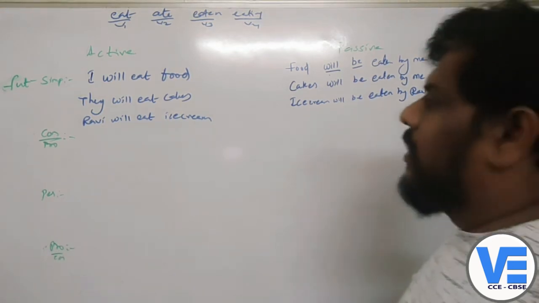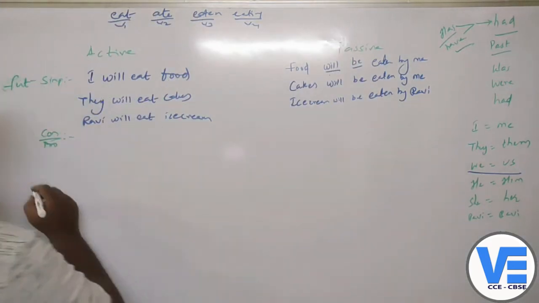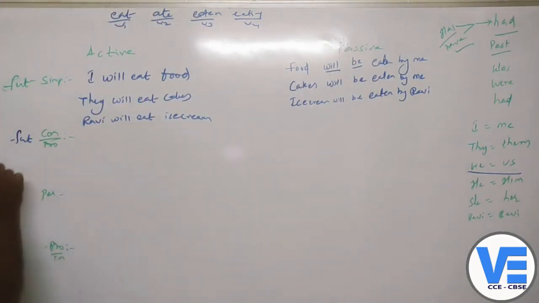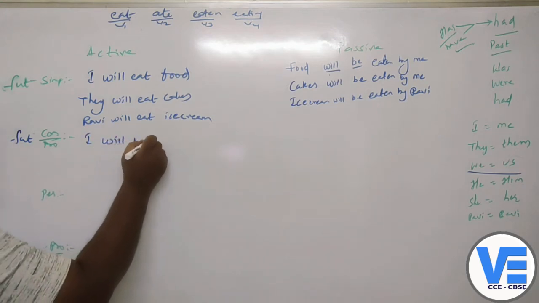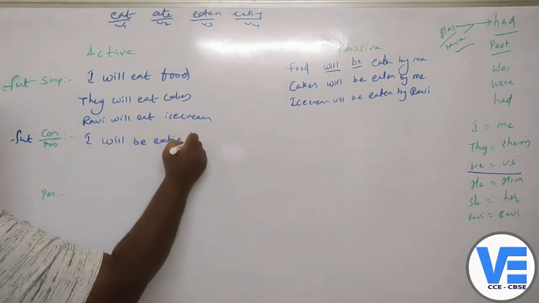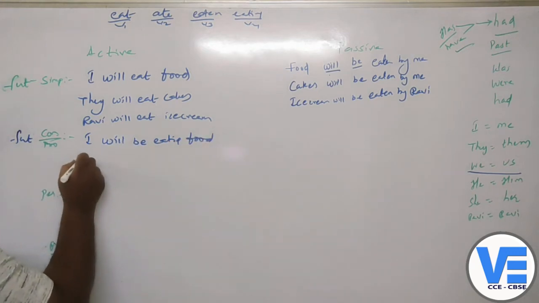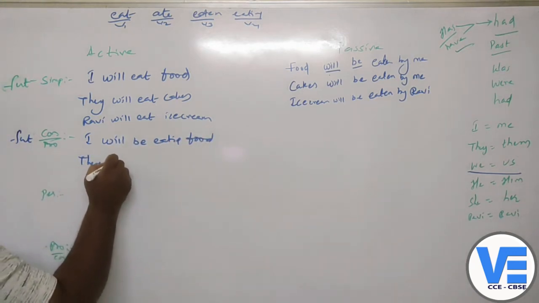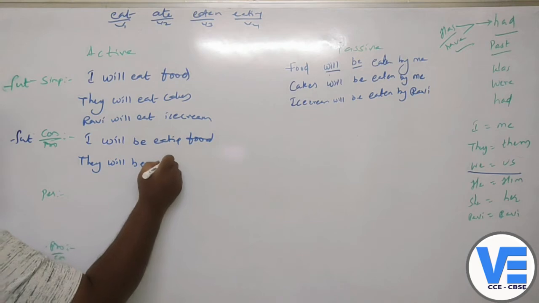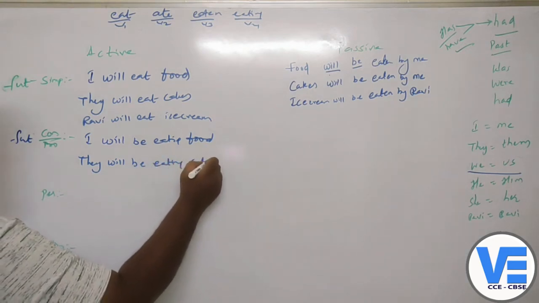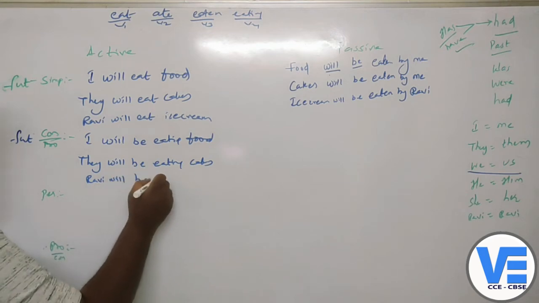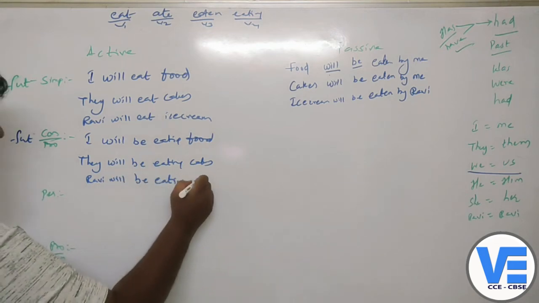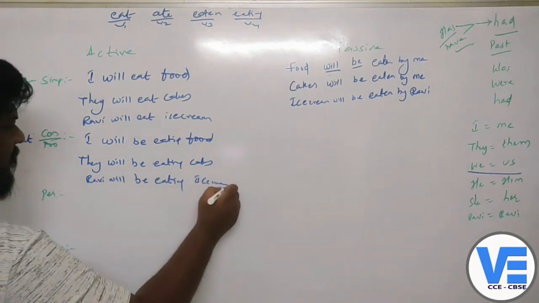Okay, now we'll come to the future progressive. So here I will be eating food. They will be eating cakes. Ravi will be eating ice cream.